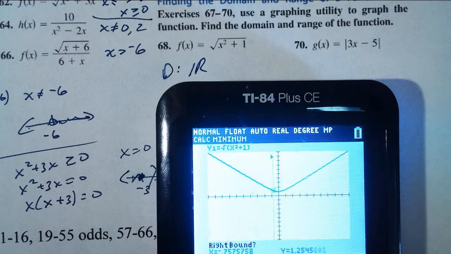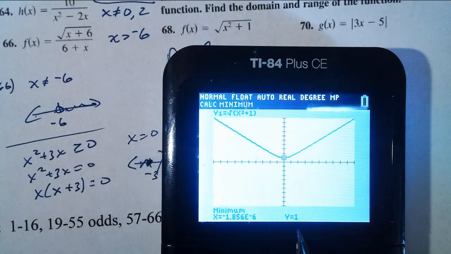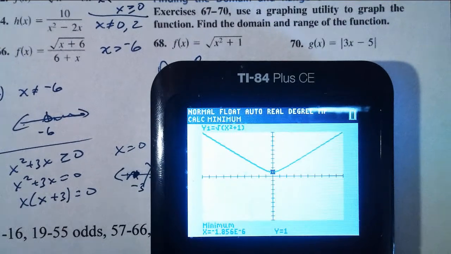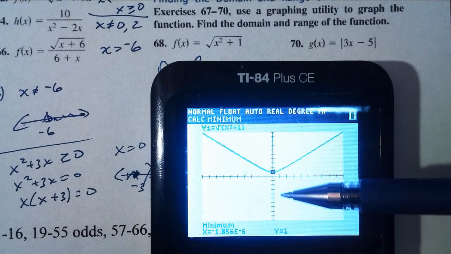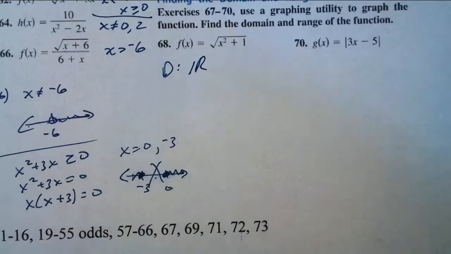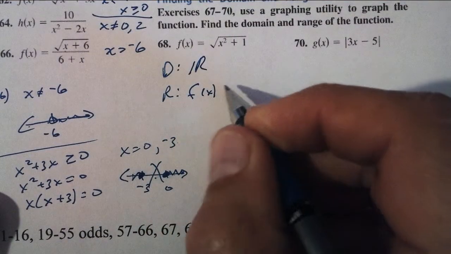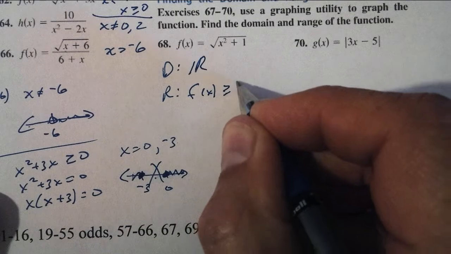I move to the left, stamp it, move to the right. And this will give us my smallest y value approximately. And I hit enter, and it says that's at 1. And this is when x equals, that's virtually 0. And I suspect it's probably just a rounding error and truly is 0. So our range goes from 1 up to infinity. So our range would be f of x is greater than or equal to 1.